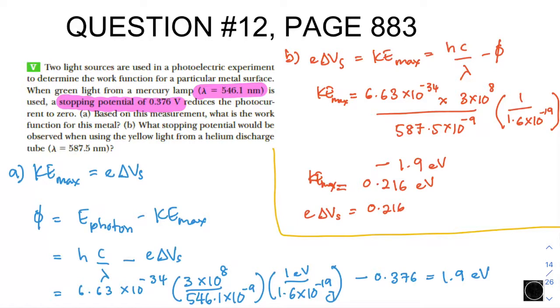If you want to know the delta Vs, it is equivalent to 0.216 divided by the e. This is in terms of eV. So finally you will get your delta Vs equivalent to 0.216 volts.